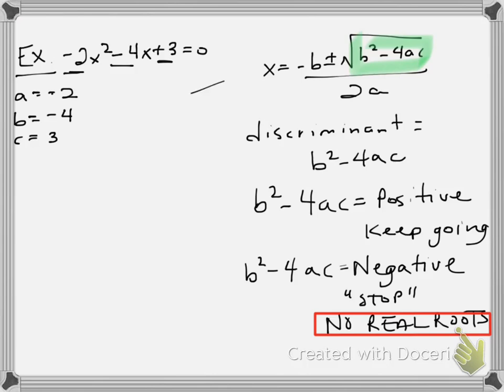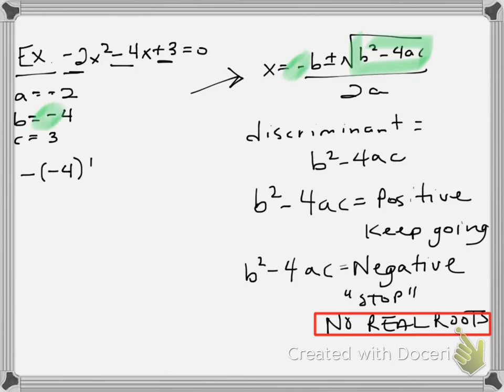Go ahead and plug it into this equation over here. And I end up with negative 4. I have two negatives because there's a negative here, part of the equation, and there's a negative here, part of that number, b.